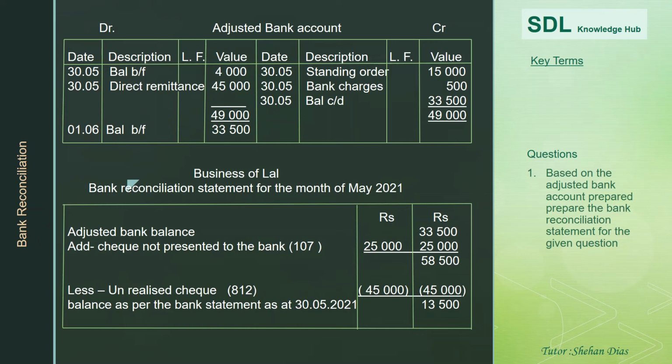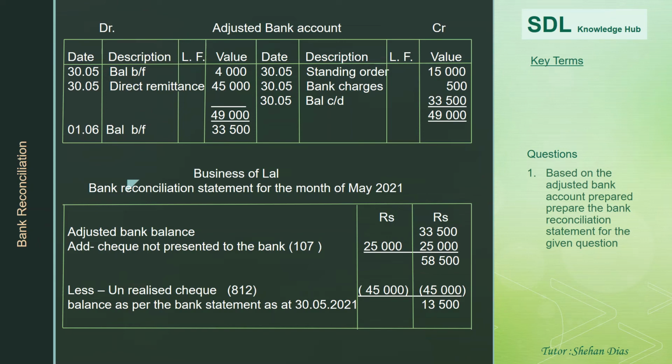So we can record this in the adjusted bank account. To start, you begin with the final balance of the bank account, which is 4,000. Then record the transactions that are not recorded: standing order for 15,000, bank charges for 500, and direct remittances for 45,000. And then balance the adjusted bank account. After balancing, you will get a balance of 33,500.